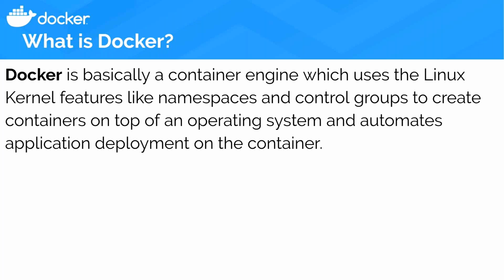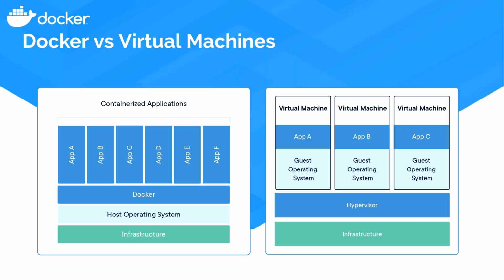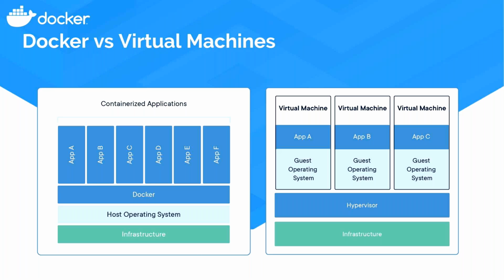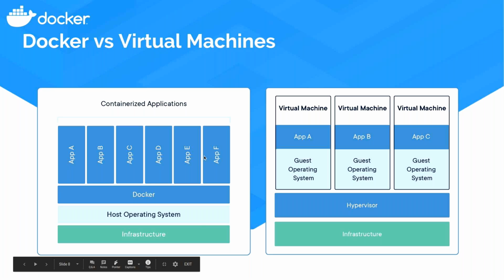Maybe you are guessing that Docker is a virtual machine, but they are basically two different things. As you can see in the Docker way, there is some infrastructure, the machine, a host operating system, and the Docker controller, and then several containerized applications running and controlled by Docker.